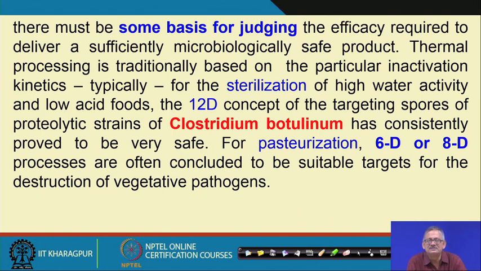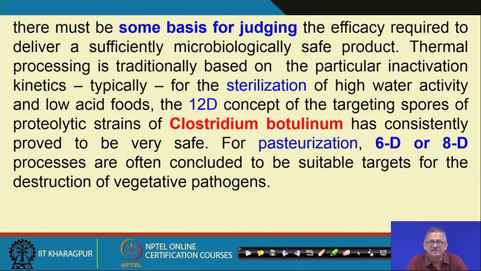So, if that is destroyed, then it can be said that yes, the food material is safe from the microbial point of view. Similarly, for pasteurization, it could be a 6D or 8D concept that may be applied. Now, this D concept, perhaps this is also not within our course curricula.